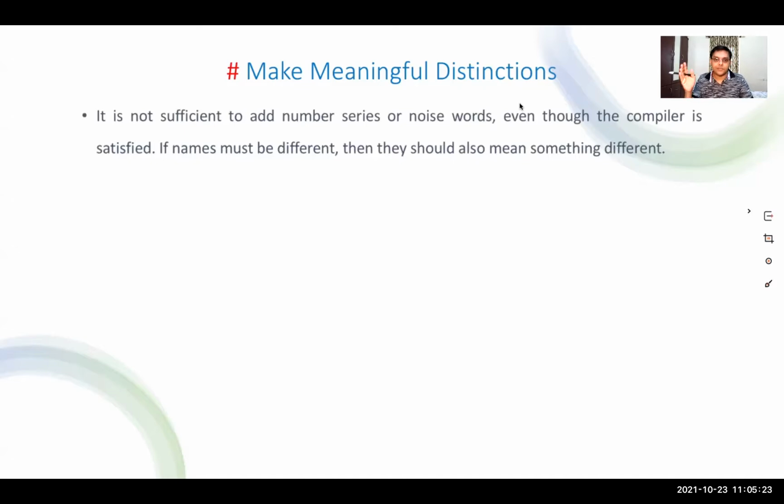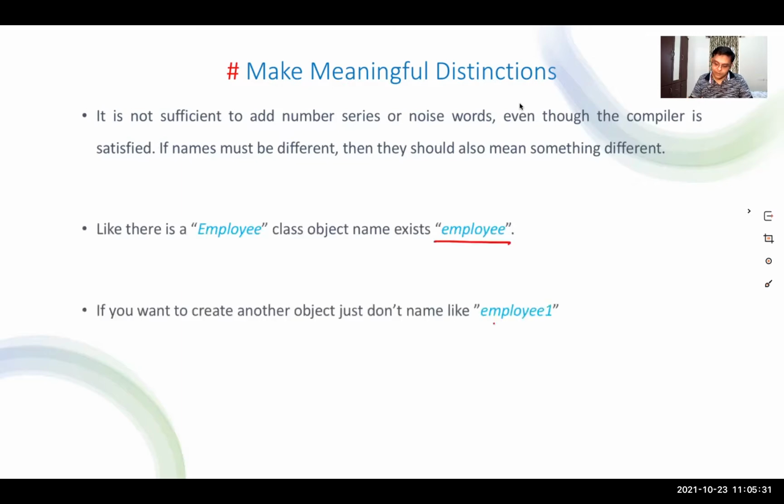So it's not sufficient to add number series or noise words, even though the compiler is satisfied. The other thing is that I already have an employee, so I just add employee1. Again, this is just to satisfy the compiler or interpreter.